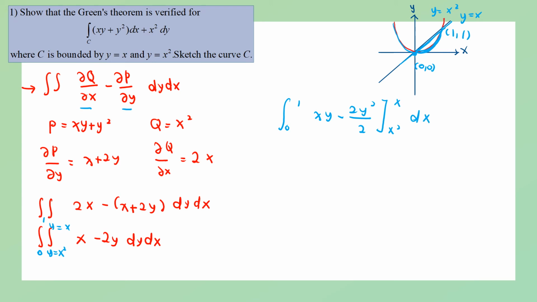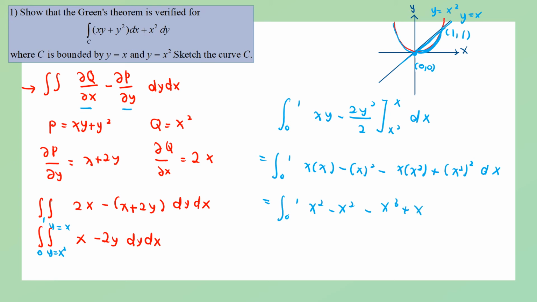When you substitute x and x squared, you will get x squared minus x squared minus x times x squared plus x squared squared, dx. When you simplify it, you will get x squared minus x squared minus x cubed plus x to the power of 4, dx.